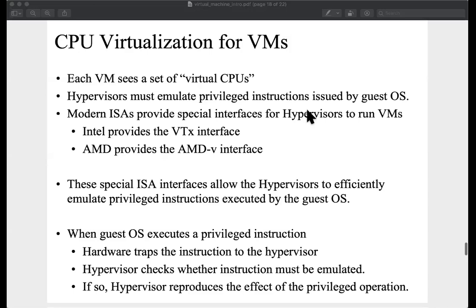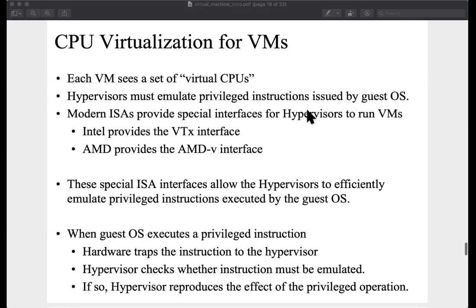So before Intel and AMD started providing hardware support for virtualization, these traps and emulation operations were very expensive, right? What that meant was that a lot of operations would trap into the hypervisor, and the hypervisor would have to play a lot of tricks to have the corresponding effect on the physical CPUs.